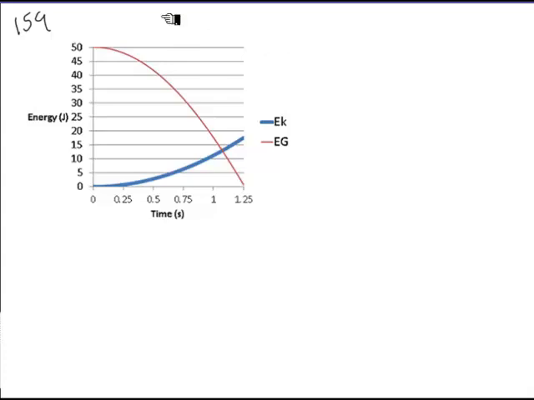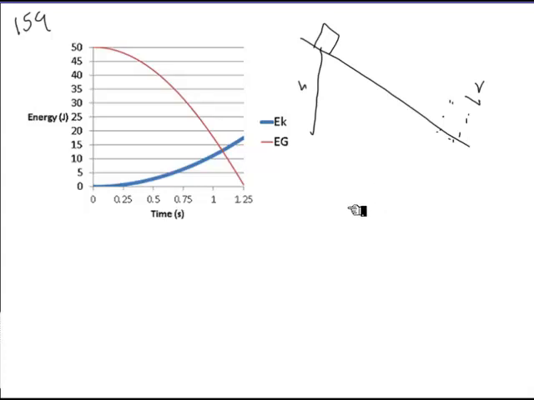So 159 and 160 asks us to visualize a block going down a ramp. The block starts out at some height, and it ends up at the bottom of the ramp with some velocity.